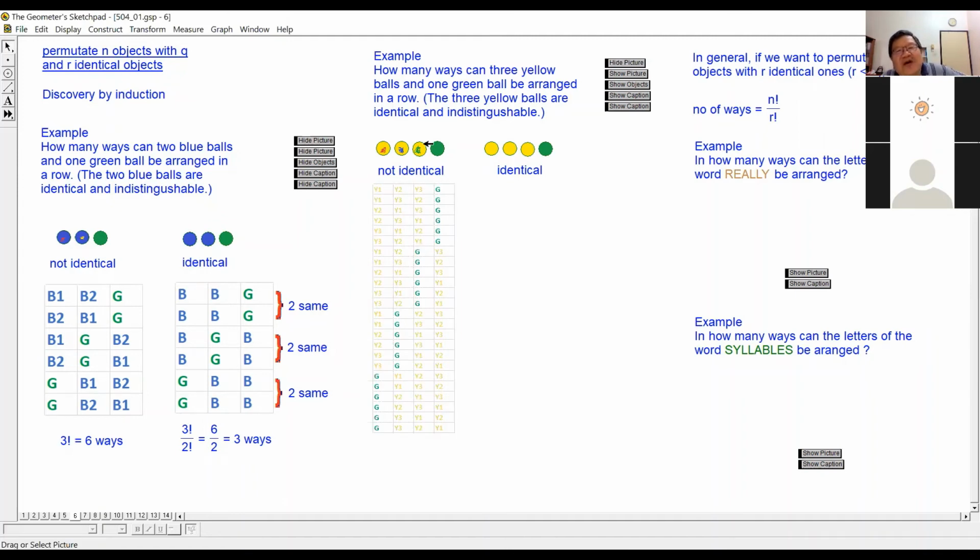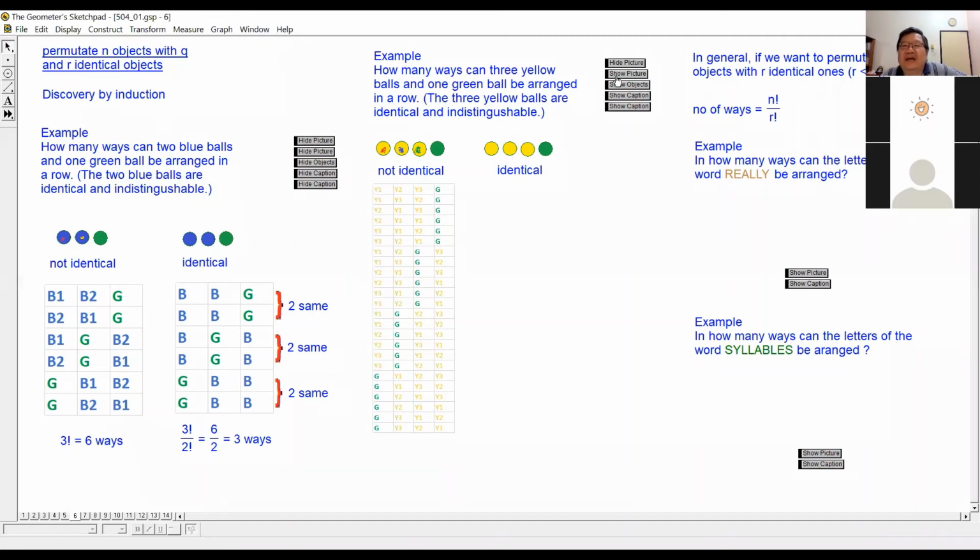Because there are 4 objects, and if you remember, if you want to permute them, arrange them, the answer will be 4 factorial. There are so many ways. I have listed out all the 4 factorial here.